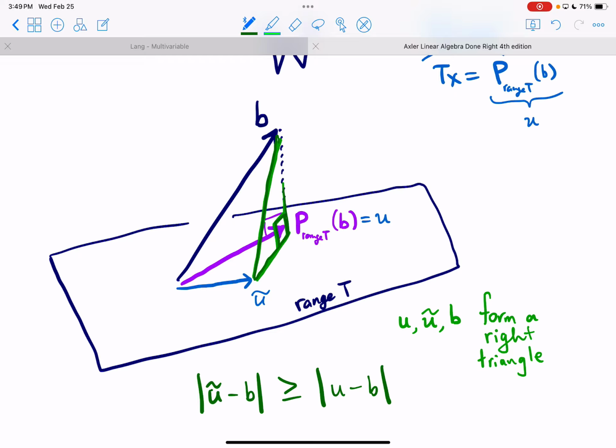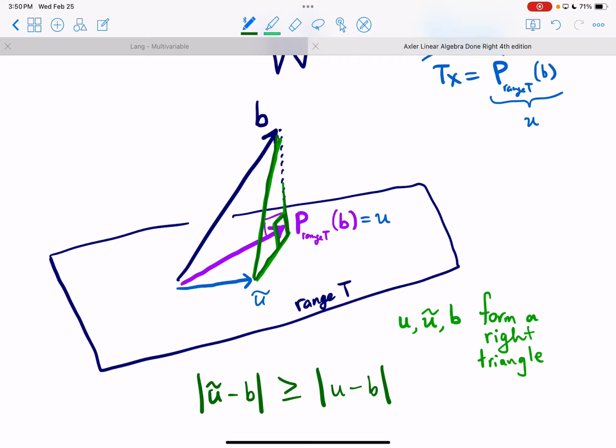Our little u, the orthogonal projection of b, is the closest possible vector to b. Of all the vectors in the range, it is the closest. This is what I want to show you. That's the first best. This orthogonal projection is the closest we can get within the range to our actual data, b.